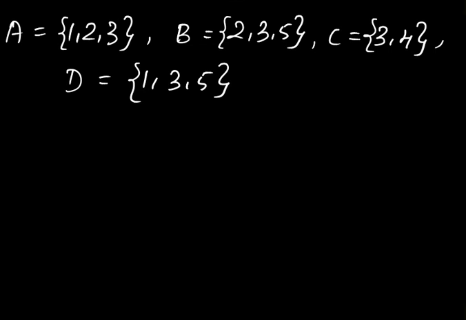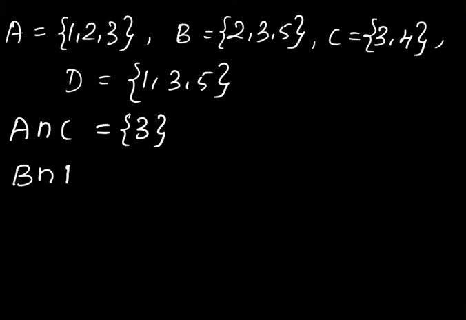So from LHS, first we need to find A intersection C. Compare the elements of A and C and find out what is common between them. {1, 2, 3} and {3, 4}. So the common element is 3. Next we need to find B intersection D. Compare B and D and find what is common between these two. So the common elements are 3 and 5.